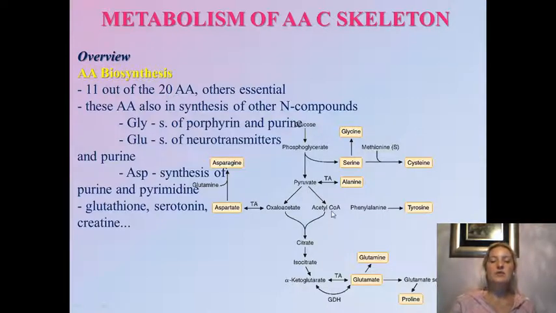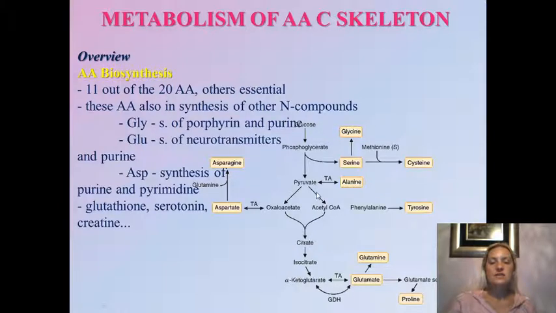Pyruvate can be converted to acetyl coenzyme A, which enters together with oxaloacetate into the Krebs cycle, and some of the intermediates of the Krebs cycle, like alpha-ketoglutarate, can be used for the biosynthesis of glutamate in a transamination or deamination reaction, and glutamate is used for the synthesis of glutamine and proline and arginine.